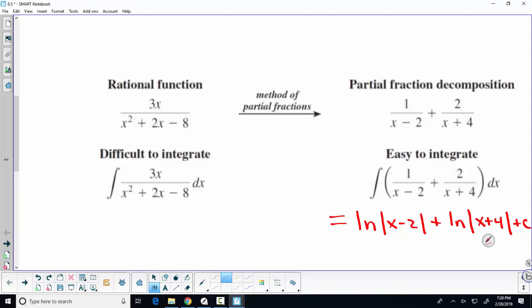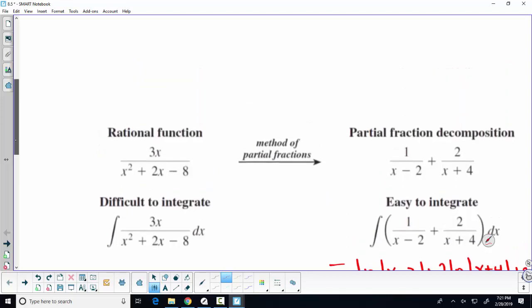Sneaky. We were on that. Good job, guys. Yeah, 2. So that's the idea of breaking these down into partial fractions.